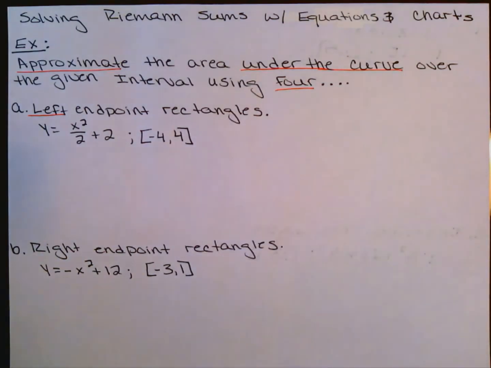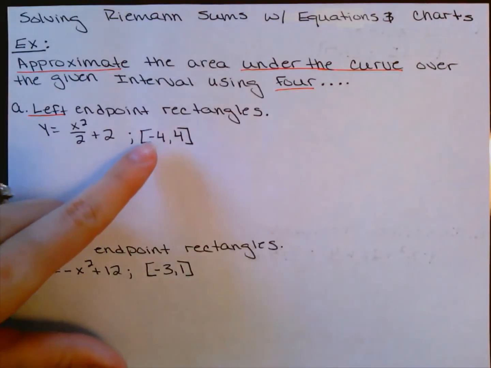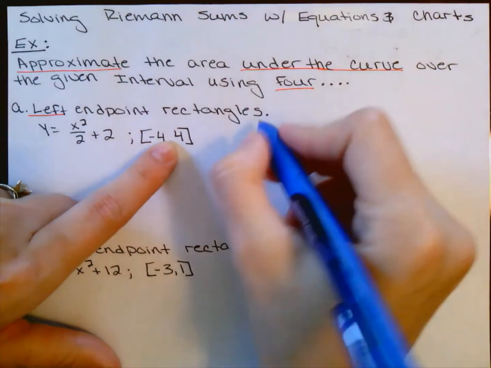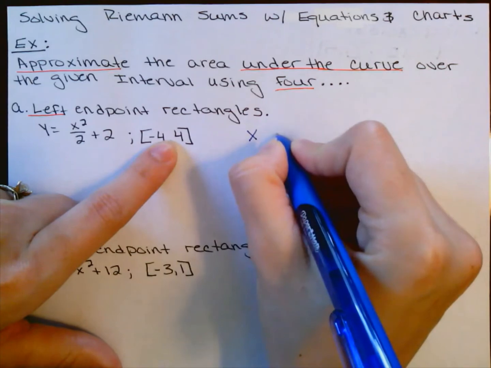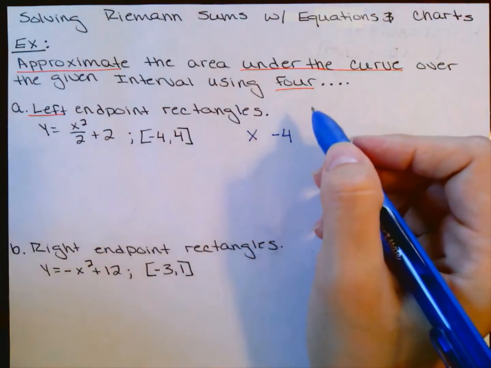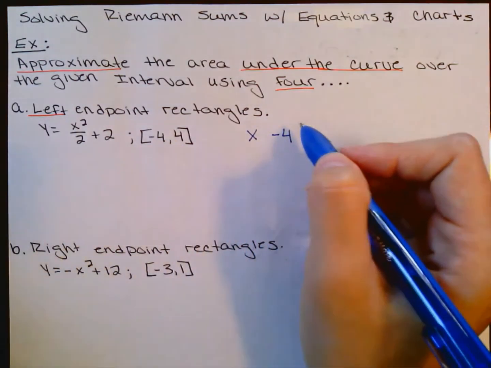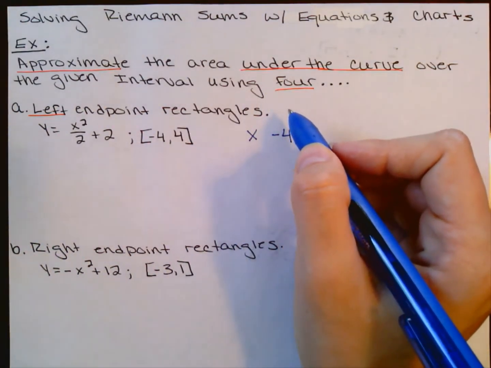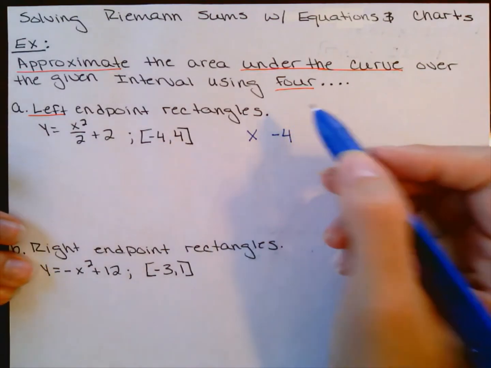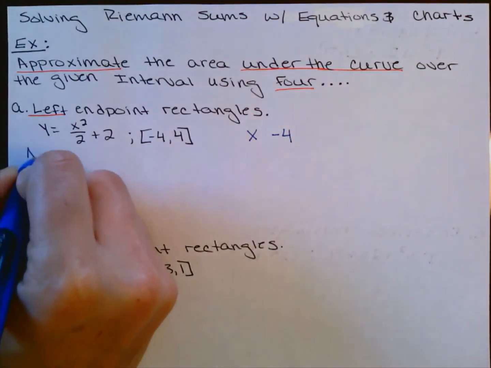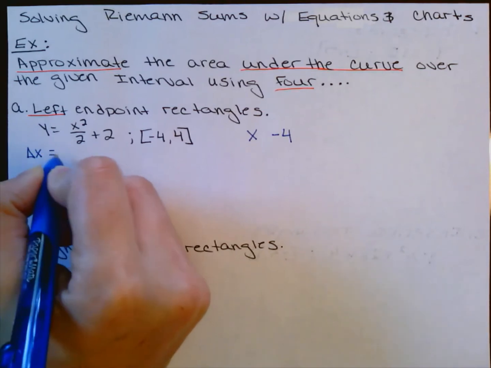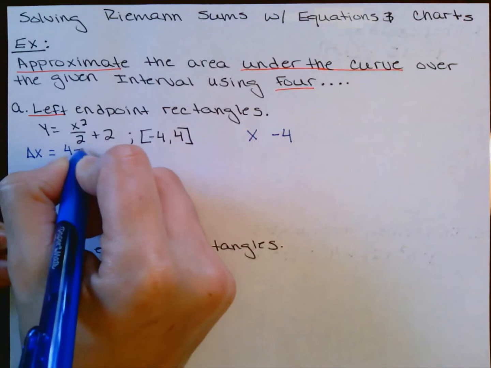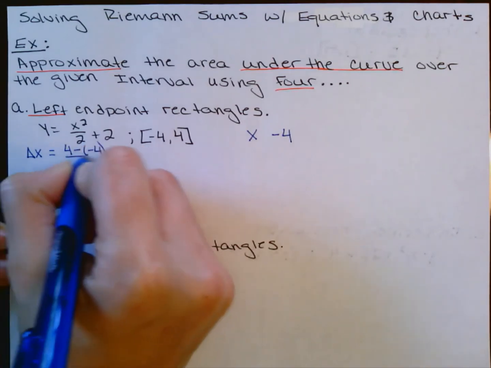So the first thing I'm going to do is create my chart, okay? Here's my function and here's my domain. Here's from the furthest x's that they want me to do. So for my x's, I'm going to go from -4, and if delta x is, well, actually, delta x is what we have to find. If I have 4 different subintervals, earlier in the video, I told you that n is how many subintervals they want. So that means that delta x is equal to b minus a over n.